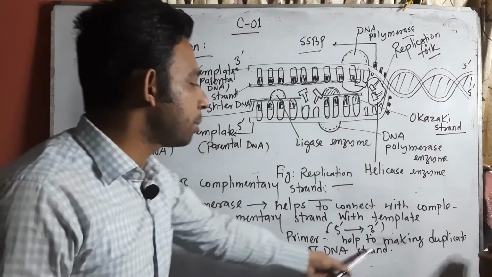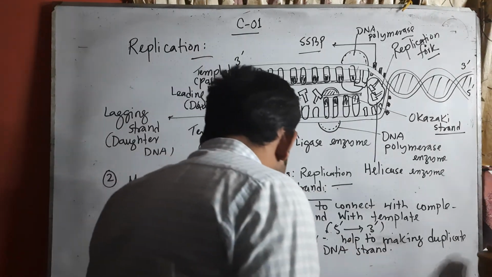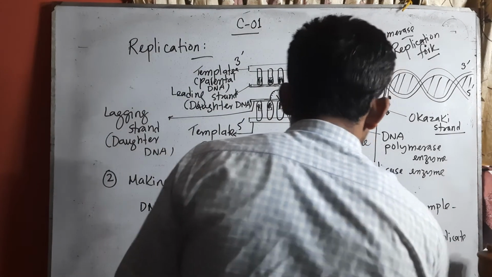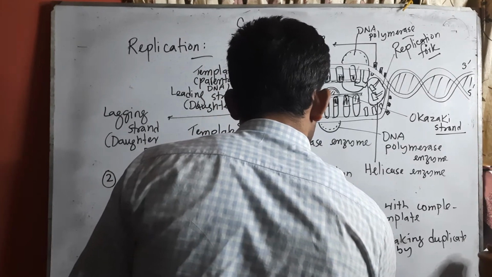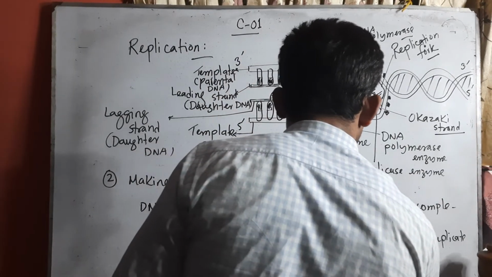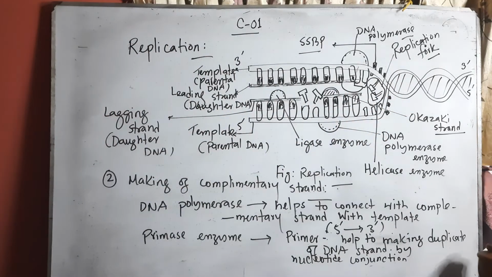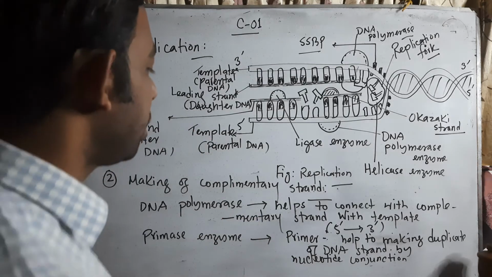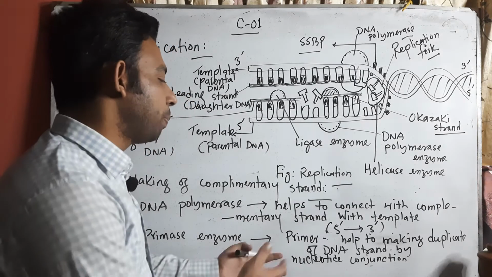So primer helps to make the duplicate of the DNA strand and move forward with nucleotide by nucleotide conjunction. That means they always try to add the nucleotide, connect with the nucleotide and form the nucleotide conjunction, and help make the duplicate of the DNA strand.